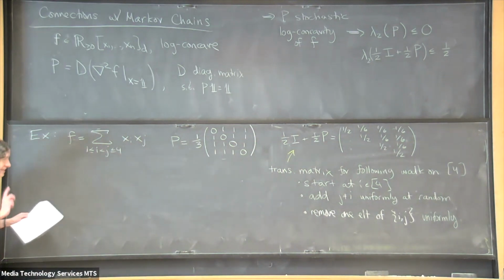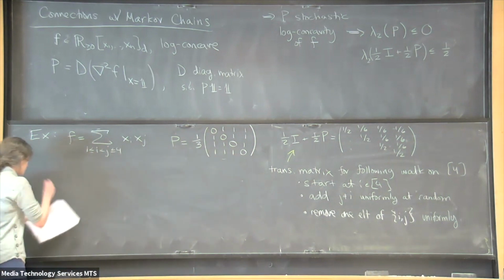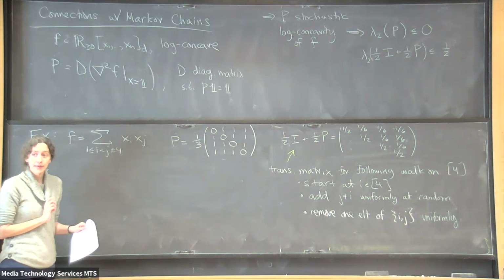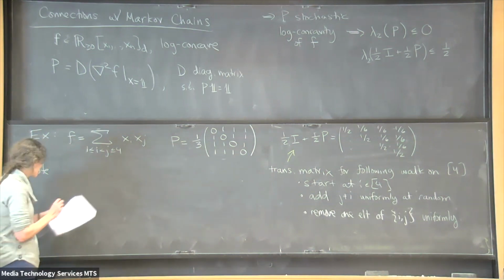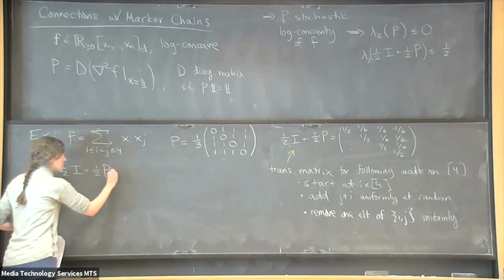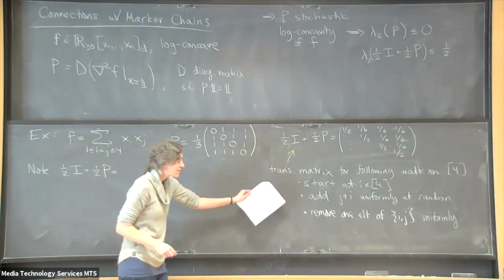The reason that I want to do this maybe more complicated thing is that it shows that this matrix is positive semi-definite. I can really think of this as composing two steps.